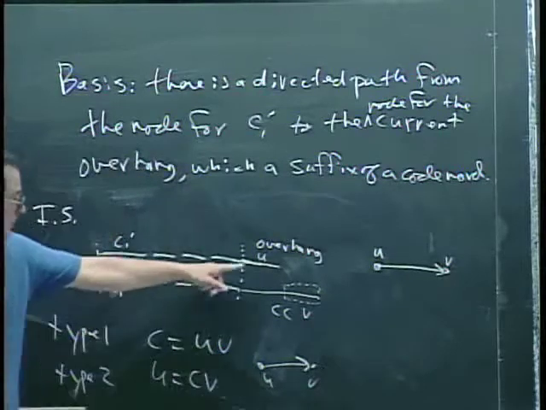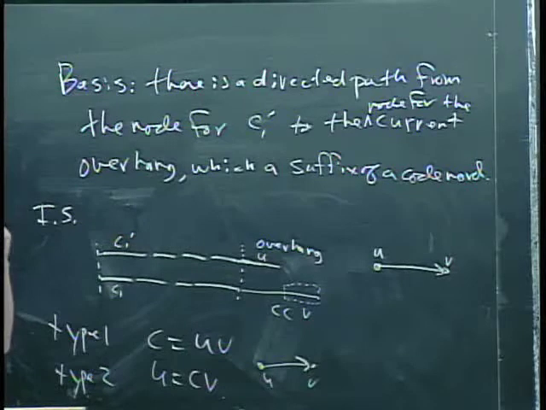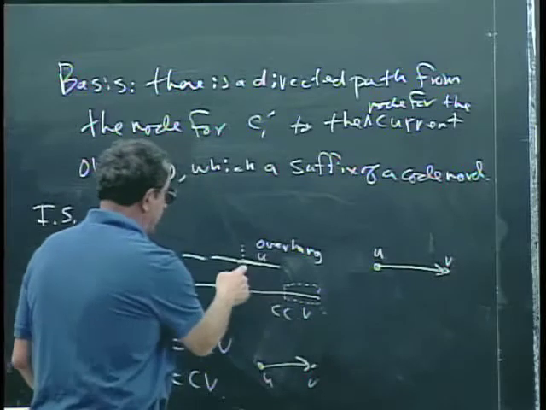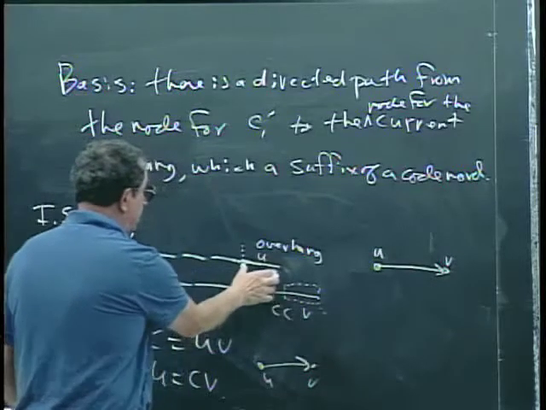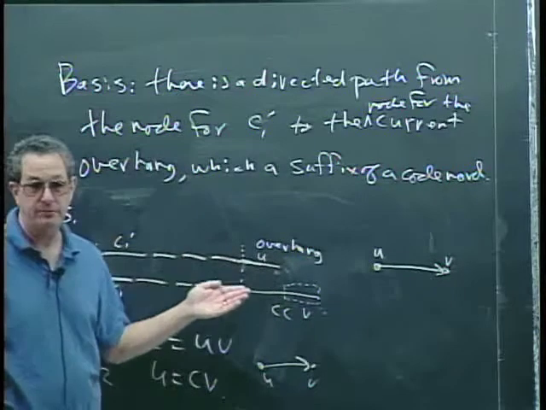Okay, so what do we see in this situation? Right, we're seeing that CC is equal to UV. U is the suffix of a code word. How do we know it's a suffix of a code word?